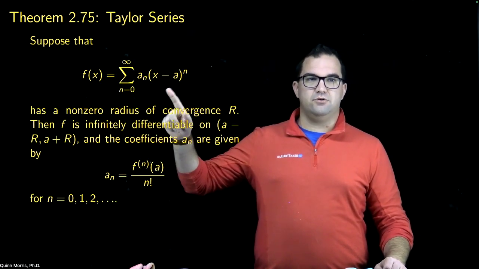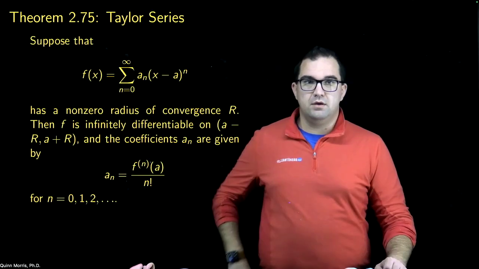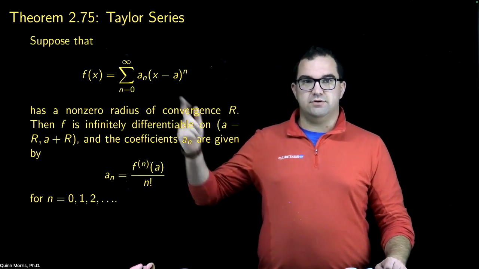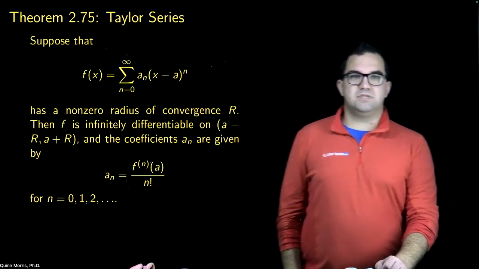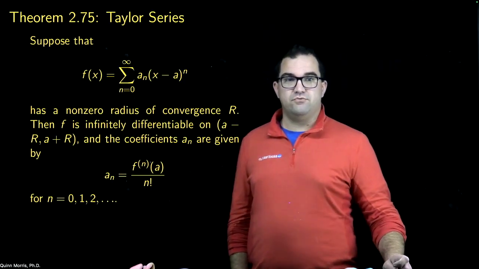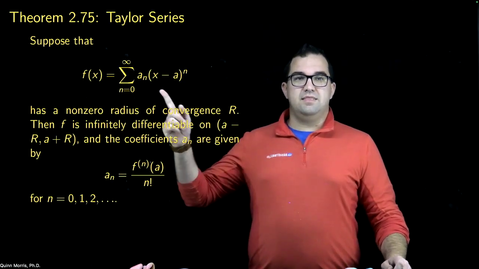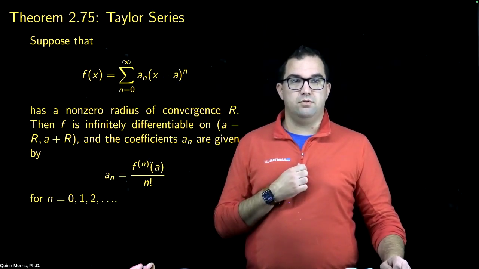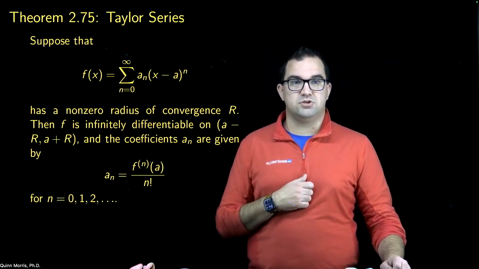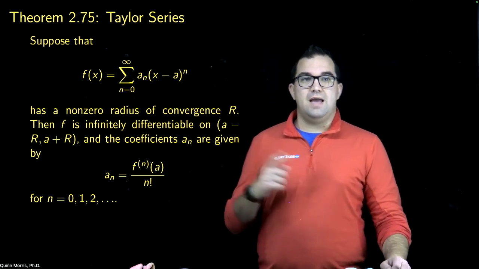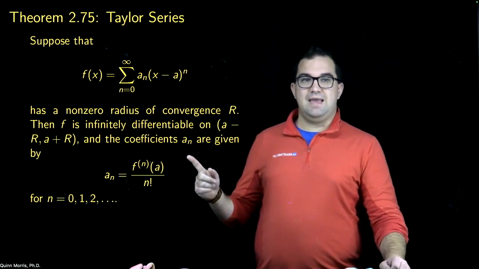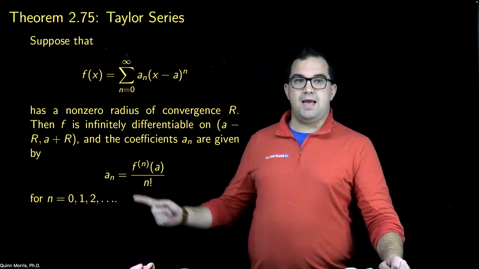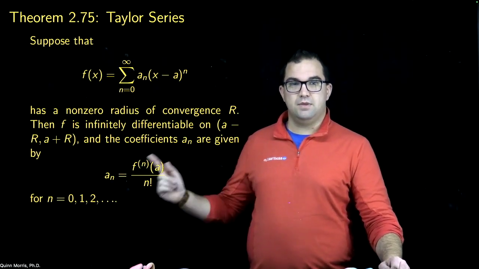So this is a generic power series centered at a, and suppose it has a non-zero radius of convergence. Then this function f will be infinitely differentiable on the interval a minus r to a plus r, and the coefficients a_n are given by this.